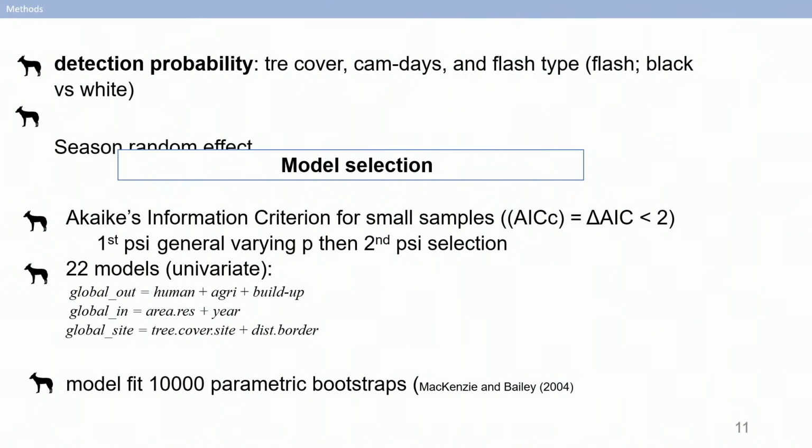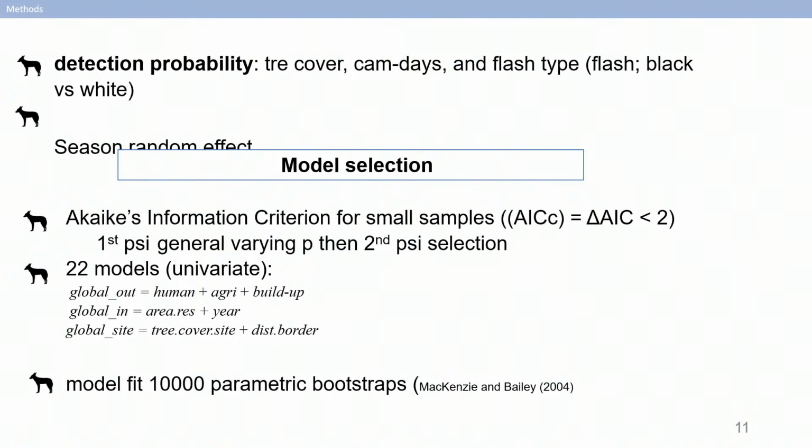To understand which of the variables were more important in driving the jackal occupancy, we used a model selection approach using an AIC information criterion for small samples, and we used a threshold of 2. So it basically means anything below 2 delta AIC will be considered robust as an explanation for that variability in jackal occupancy.